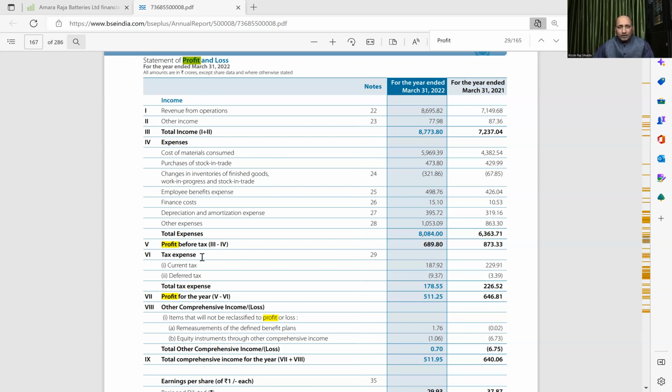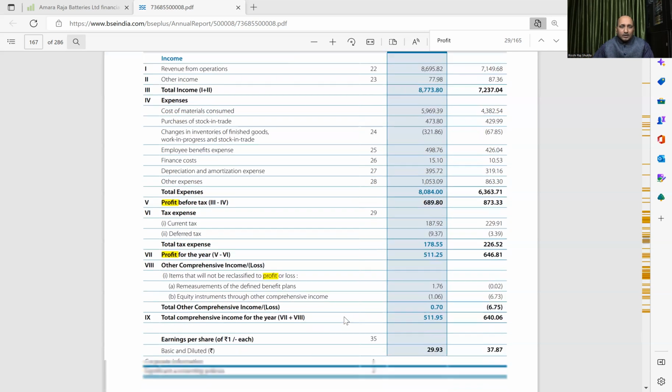Now, the other part coming is tax expense. So current tax given, deferred tax given, and total tax expense clear here. So the profit of the year, if from profit they minus this total tax, then this will come as profit after tax.